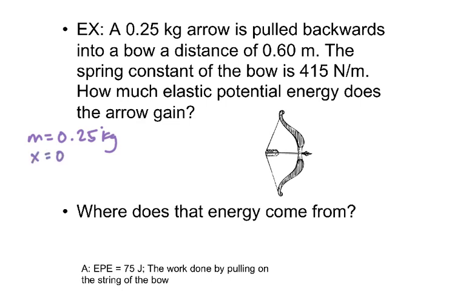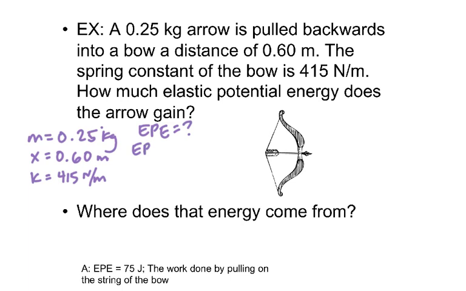That's our X. Because the arrow is pulled back to that distance, it has elastic potential energy because it wants to fly forward, right? As soon as the person lets go, it's going to move. The spring constant K is given as 415 newtons per meter. And we want to know how much EPE the arrow gains as it's pulled back.